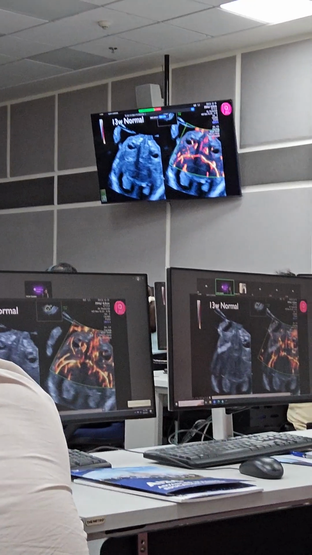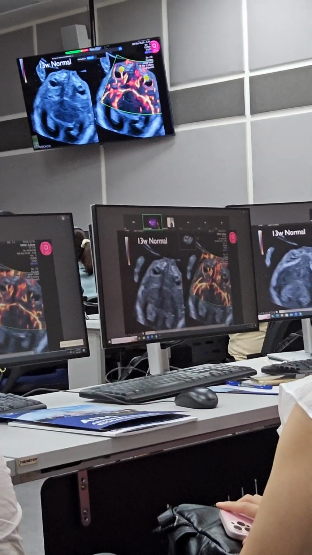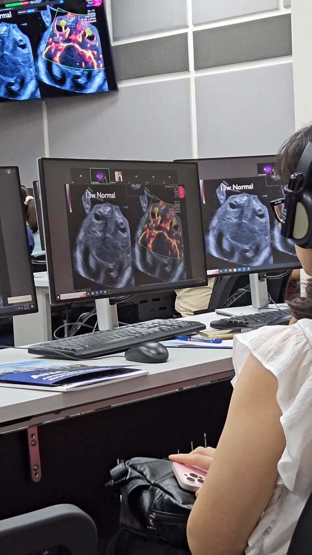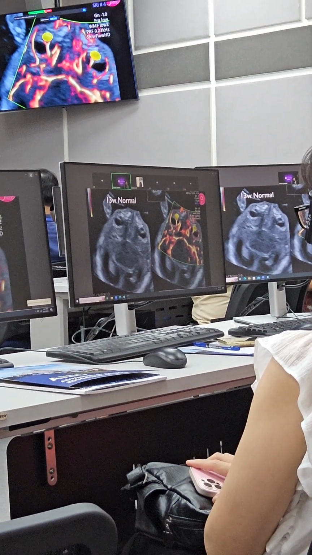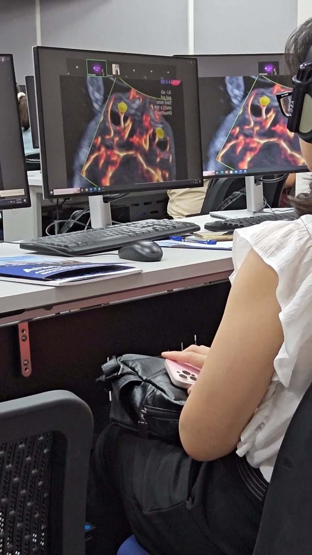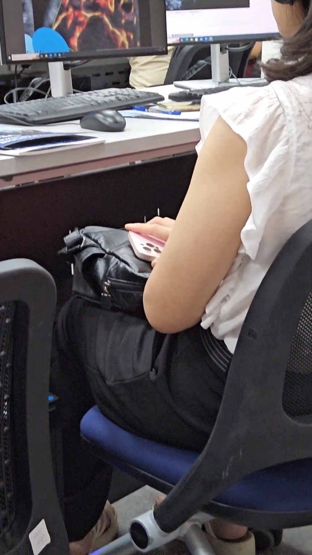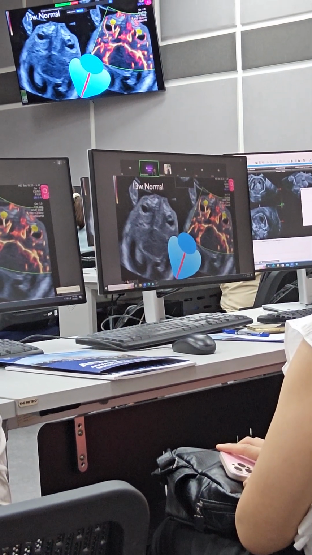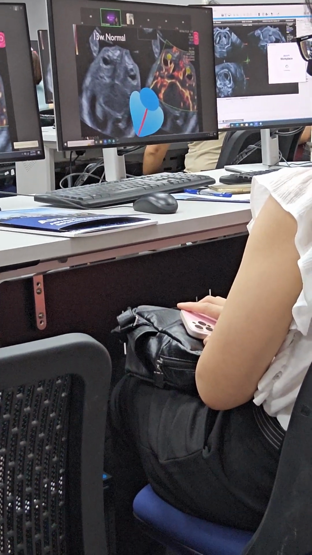Okay, so this is normal, and if I put the lens here, you can see the bilateral hyaloid artery in the first trimester. So it means like this: the lens is here, the hyaloid artery is in the middle, along with the central canal.